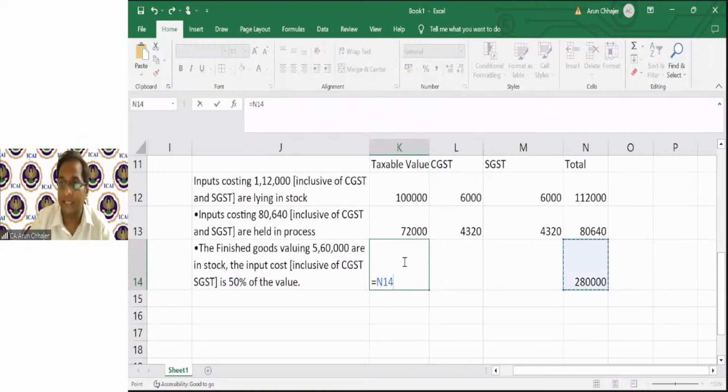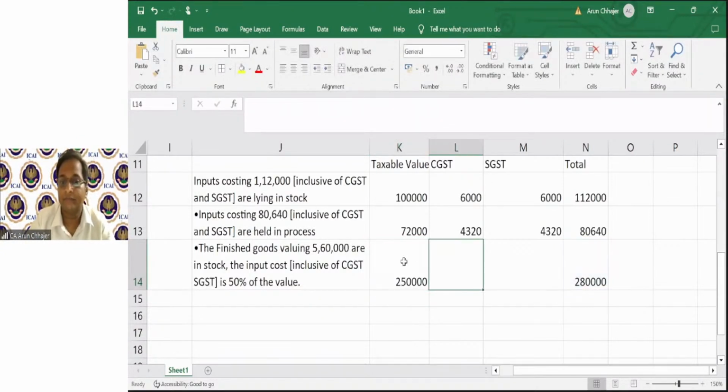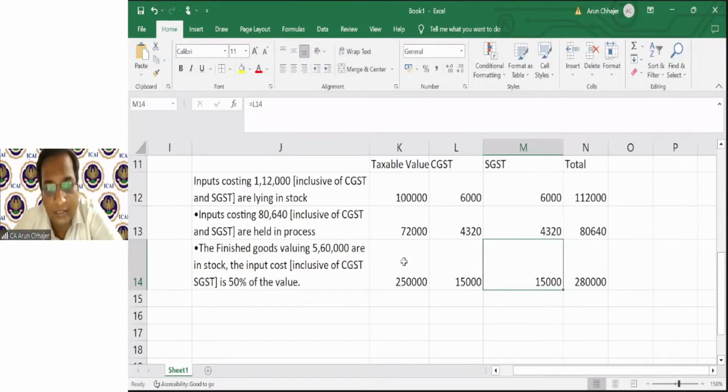So how much would be the taxable value? Divided by 112 multiplied by 100. And what is the GST? This much is the GST. Third point, I have calculated the input cost, that is 280. Because it is inclusive of GST, I have done the backward calculation and calculated the GST component, the ITC component lying in the stock.